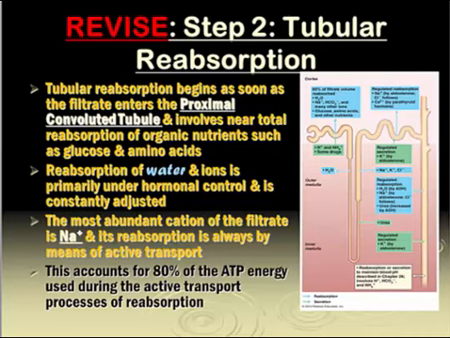Most of the energy that's used is going to be used to move sodium. And when we talk about active transport, you should recall that that implies you need ATP, because ATP is involved in moving materials against their concentration gradients. Active transport requires ATP.